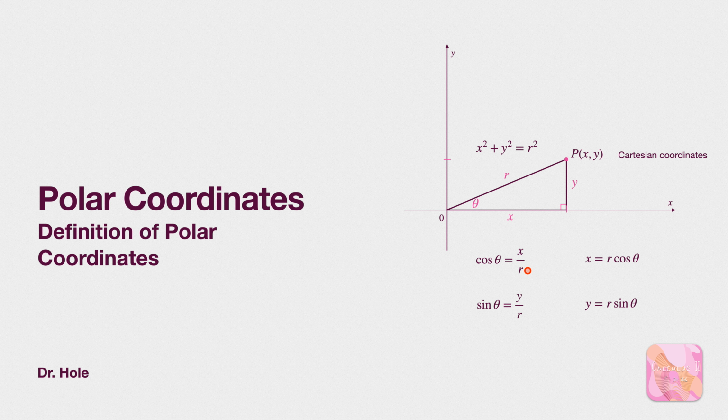We're going to rectify that simply by multiplying both sides by r. And then we can see that we have a nice situation of Cartesian coordinate x on the left, and on the right-hand side, polar coordinates r and theta. And that is also the situation for y, Cartesian on the left and polar on the right. So these are very important.